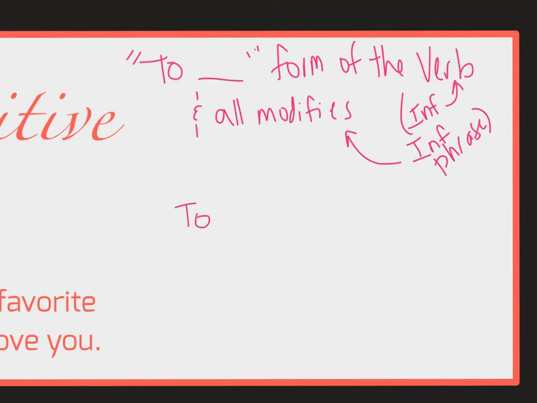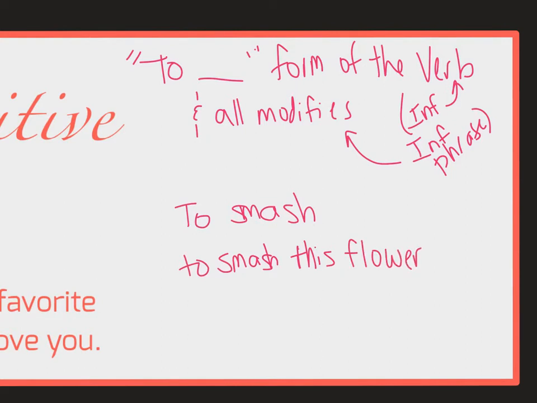One here, to smash versus to smash this flower. Why am I smashing flowers? I don't know. Just follow me. So then the to form of the verb, the infinitive, is to smash versus the to form of the verb and all of its modifiers, or the phrase, is to smash this flower.